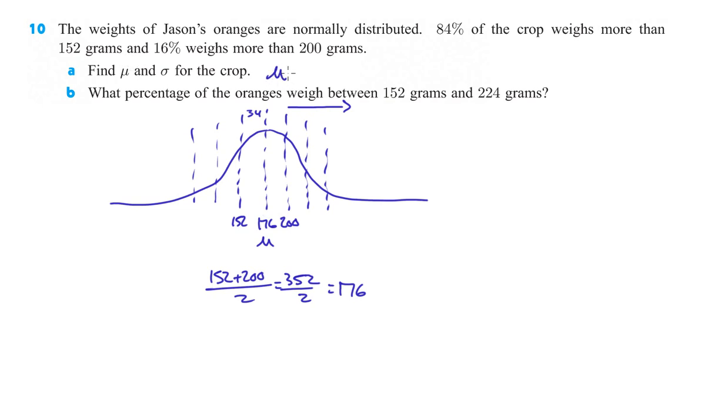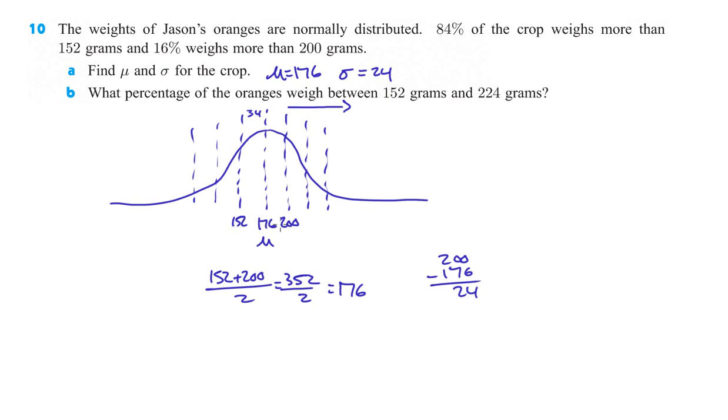And then standard deviation is the difference between 176 and 200, right? So if we do 200 minus 176, that gives us 24. So standard deviation is going to be 24.